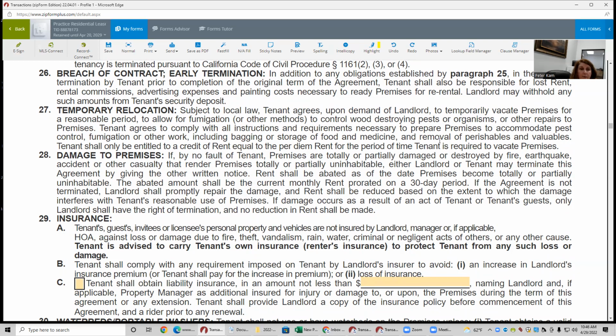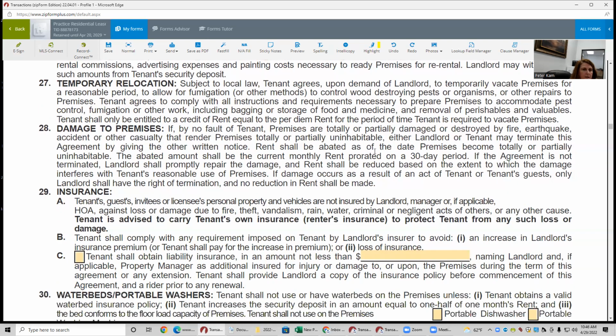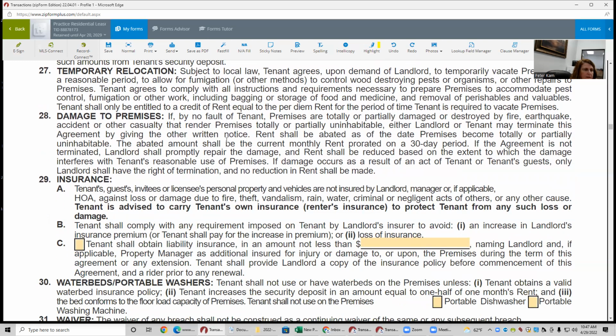Tenant agrees upon the demand of the landlord to temporarily vacate the premises for a reasonable period to allow for fumigation or other methods to control wood destroying pests or organisms and other repairs that the landlord may need to make to the premises. And the tenant agrees to comply with the instructions and requirements when the termite company asks you to bag or store food or medicine or perishables, they need to comply with that. So that paragraph covers that.